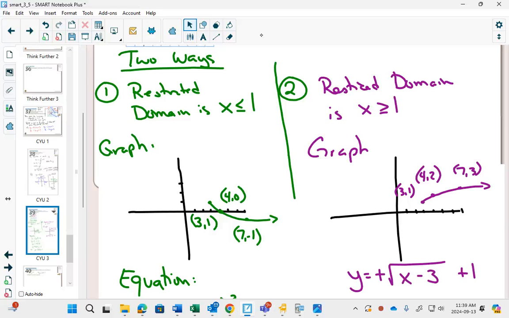Okay? Some other things that sometimes become helpful for figuring out which one is which. The key thing with inverses is x's and y's get switched.